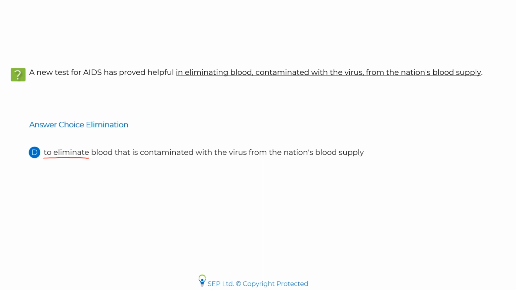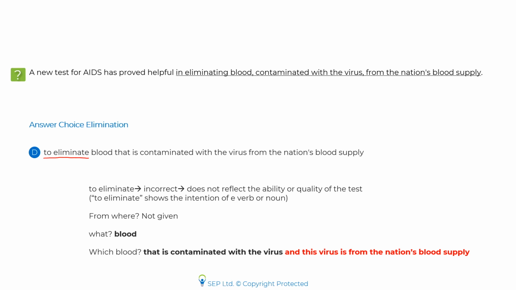And whenever you want to provide the quality or ability of a noun, you should use a prepositional phrase instead of a "to" verbal. This is how GMAT uses the prepositional phrase to tell us about the quality of a noun. So clearly here, "to eliminate" is a big time error.